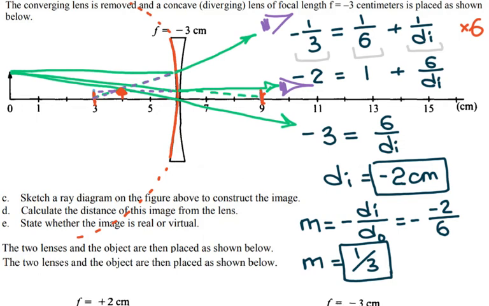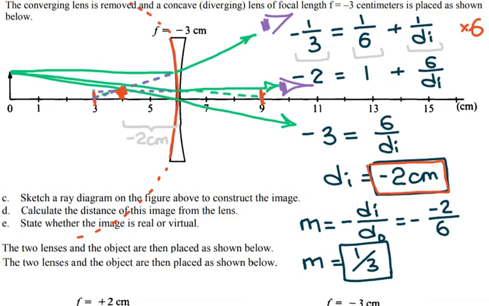And you see that the distance is negative 2 centimeters. So that means the distance is negative 2 centimeters from where the lens is positioned. So this is negative 2 centimeters. So that means I found my location of my image, the right position, like the way I calculated it.